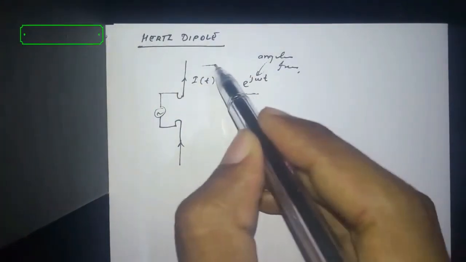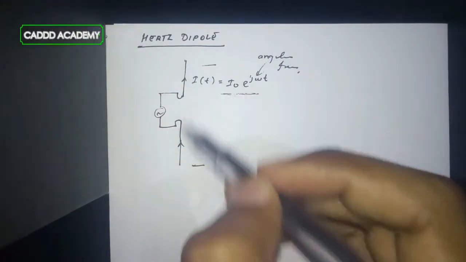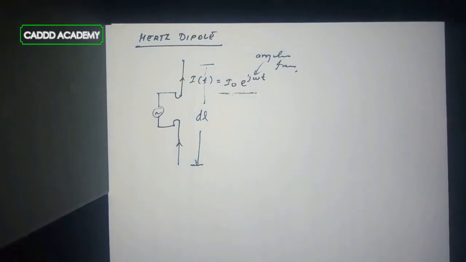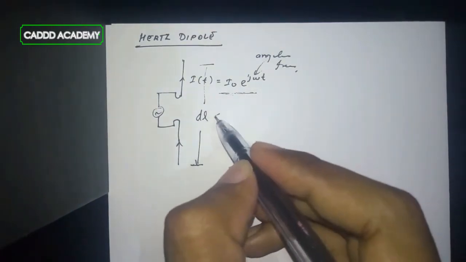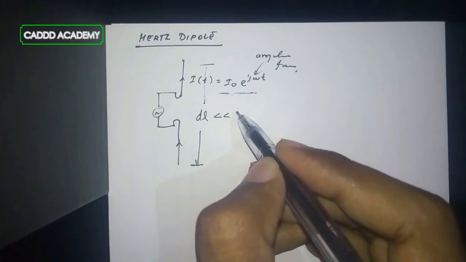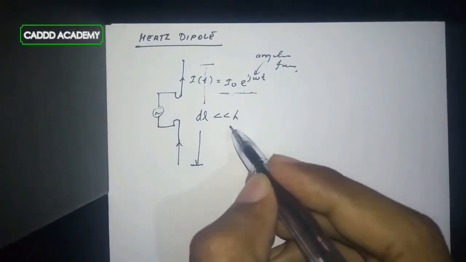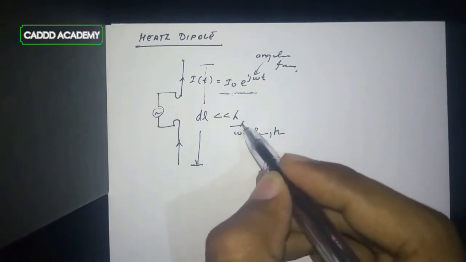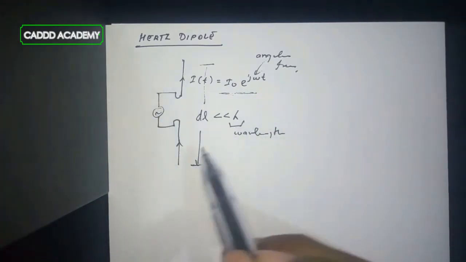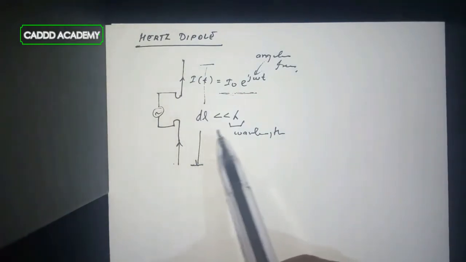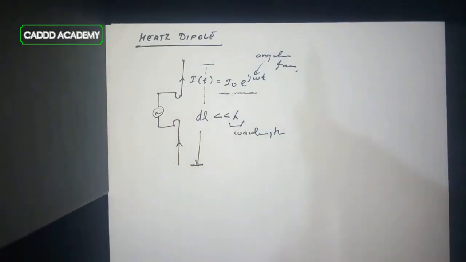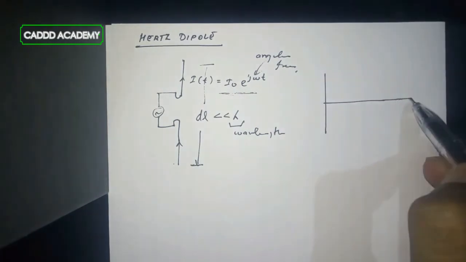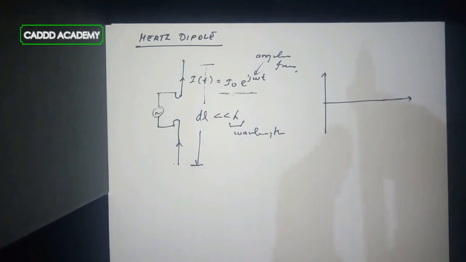This length from here to here is dl, and it is very much less than lambda, which is the wavelength. So in the Hertz dipole this length is very small compared to the wavelength of the current we are giving at the input.